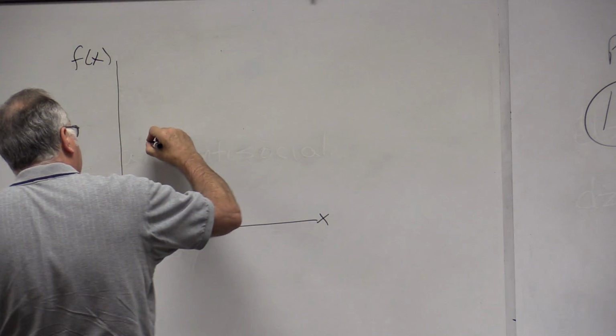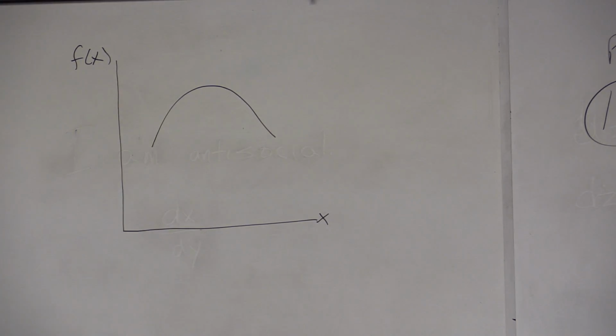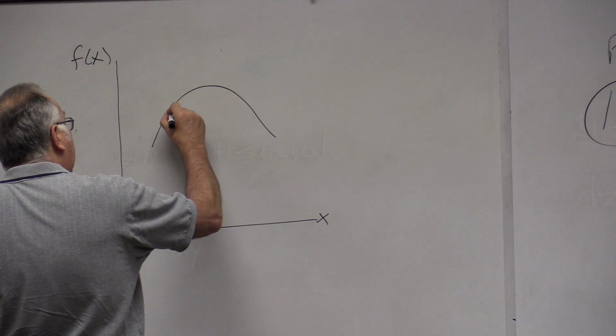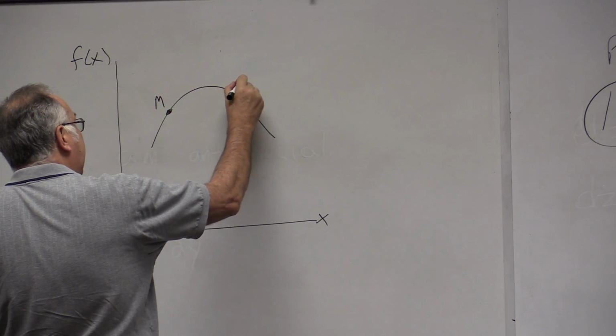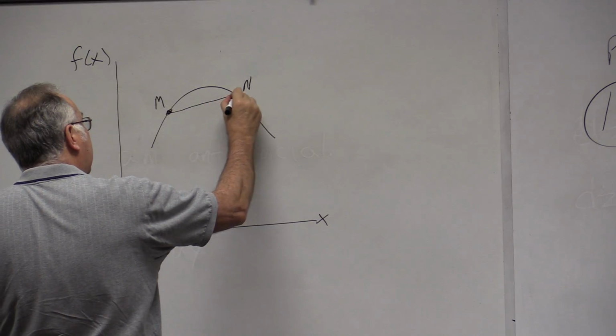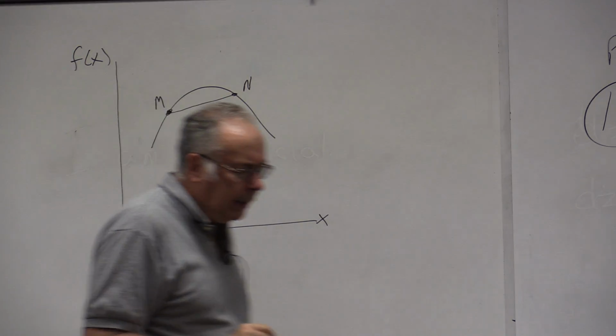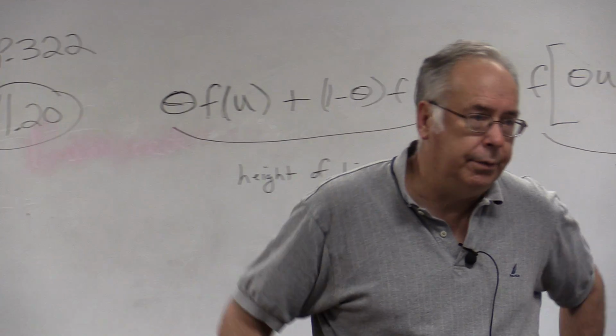Now you pick any 2 points, u and v, any 2 values of x, and connect them with a straight line. Let's call this point M, call this point N. The straight line always has to lie on or below the function.